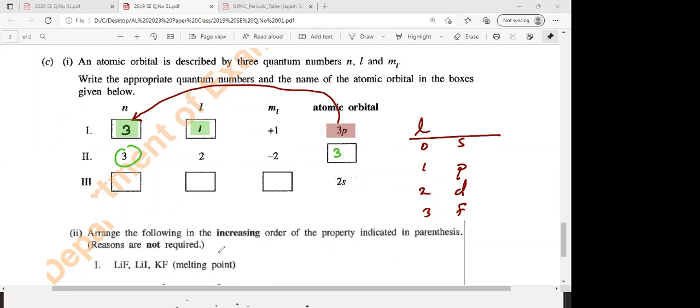You can post the answer in chat quickly. I can see your answers. And what is l here? 2. l equal to 2 means d. So it's 3d.